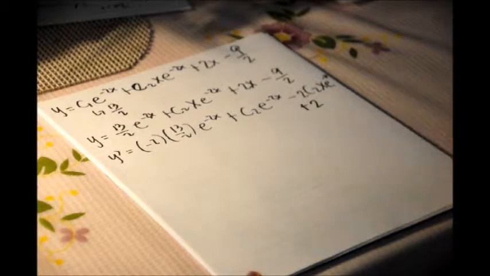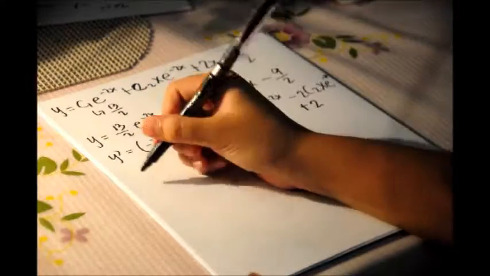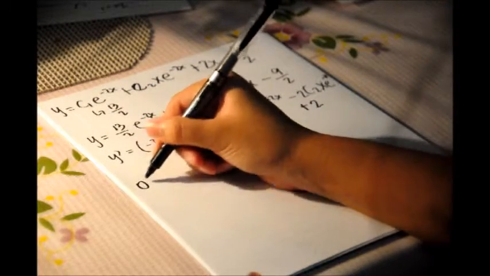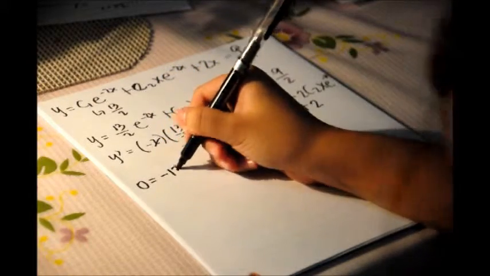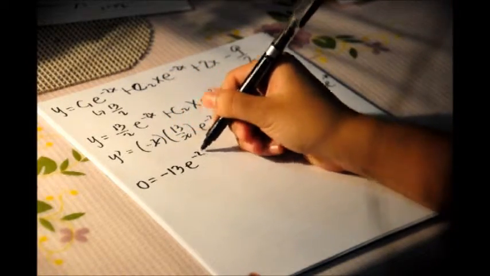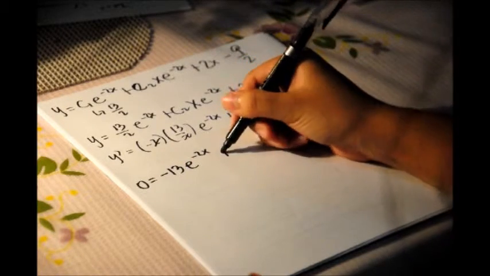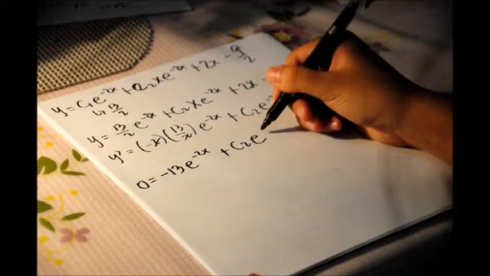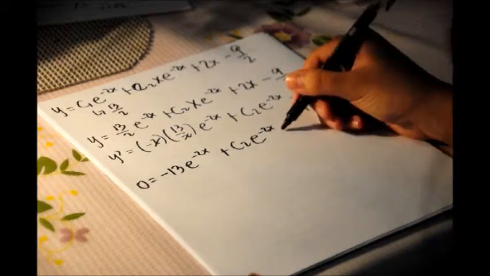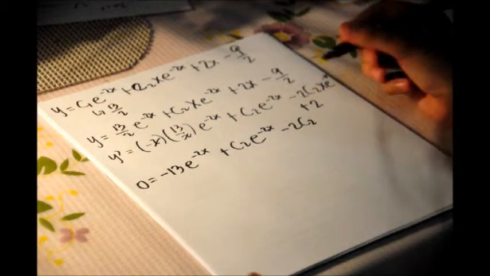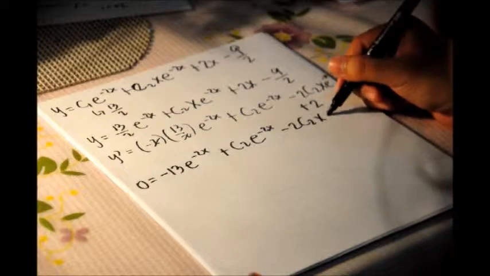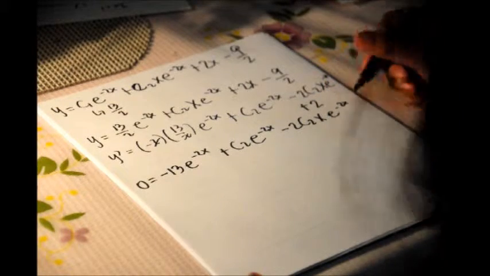plus 2. So now let's substitute the value of y prime to 0 when x is equal to 0. So 0 is equal to, this gets cancelled out, so it becomes negative 13 e to the negative 2x plus c2 e to the negative 2x minus 2 c2 x e to the negative 2x plus 2.